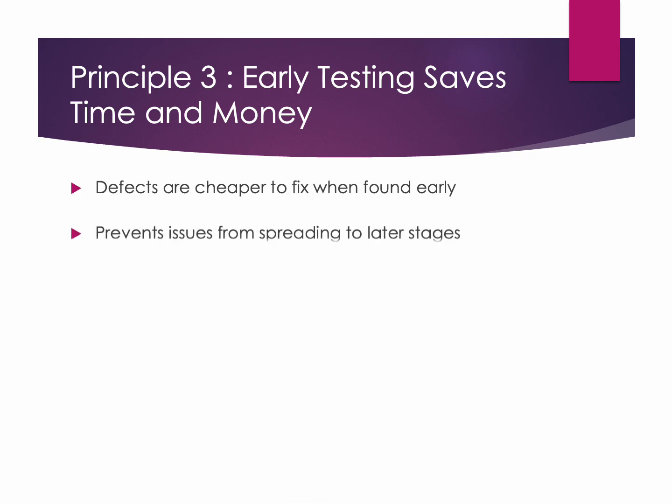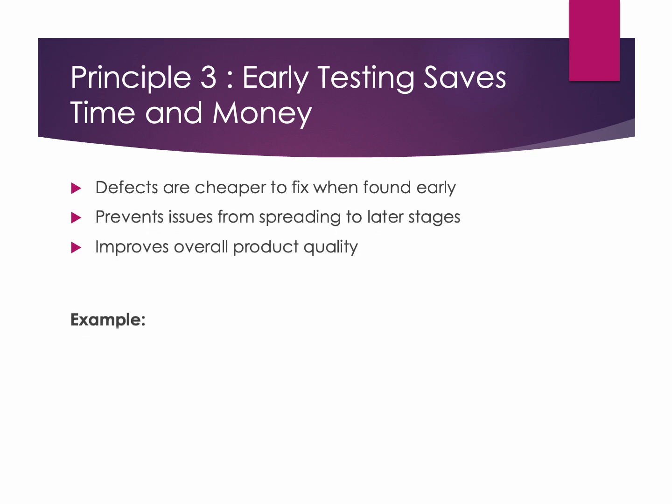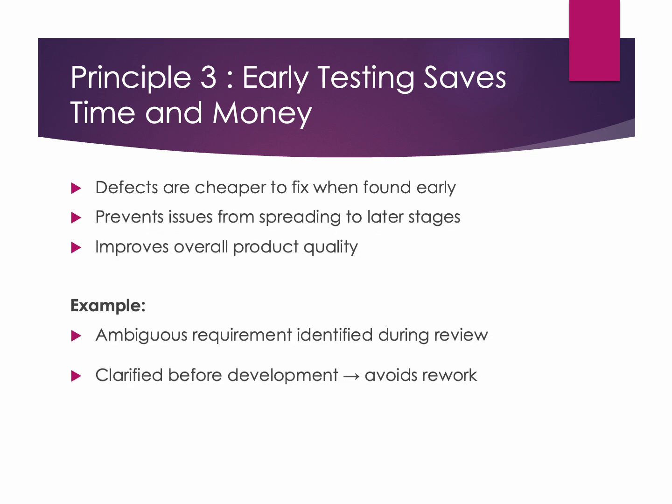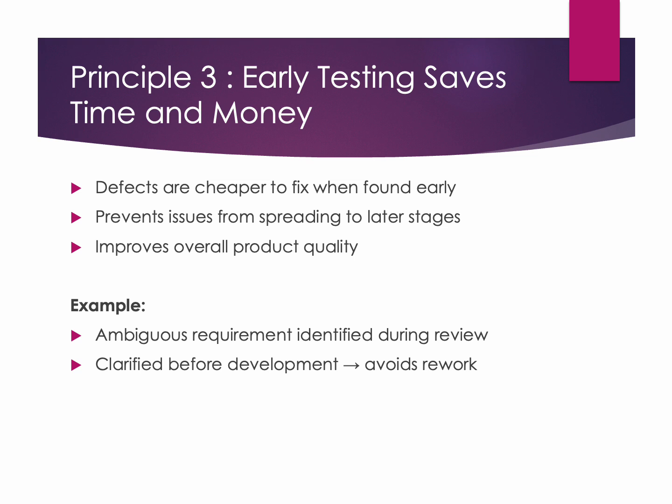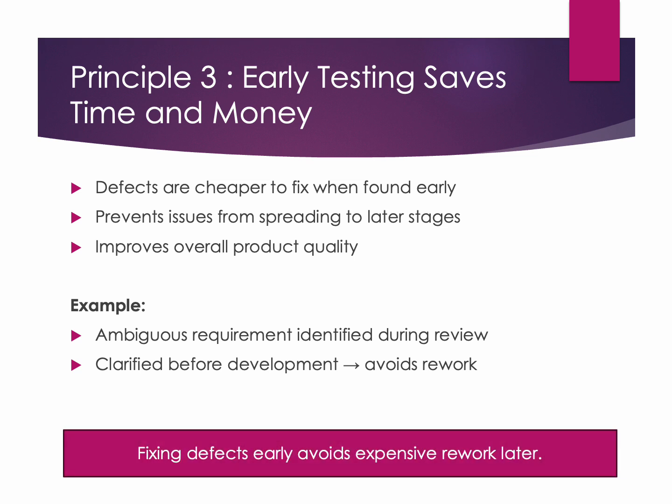Now, this principle is a lifesaver. The earlier you find a defect, the cheaper it is to fix. If you find a bug in requirements, it's cheap. In development phase, more effort is required. In production, it's very expensive. That's why testers should be involved early, not just at the end.